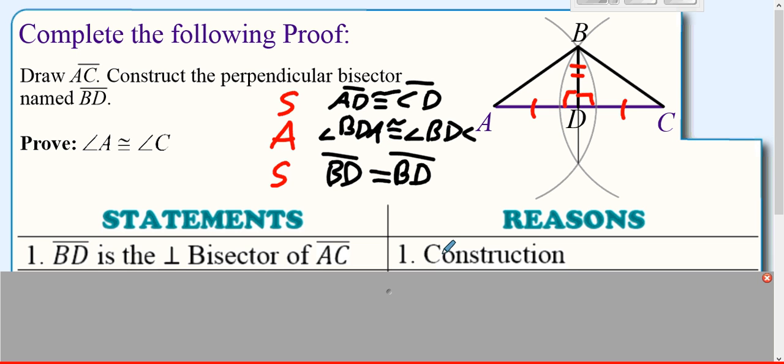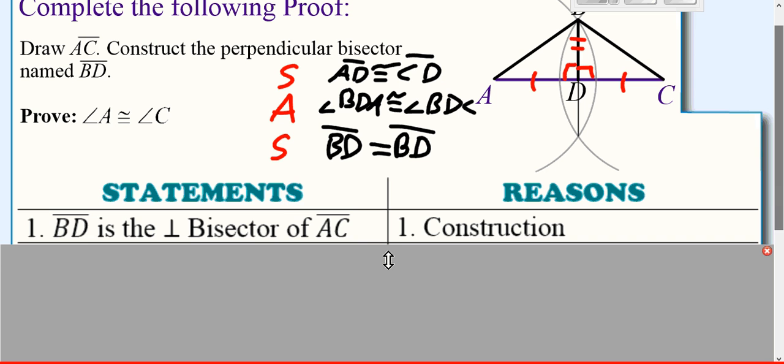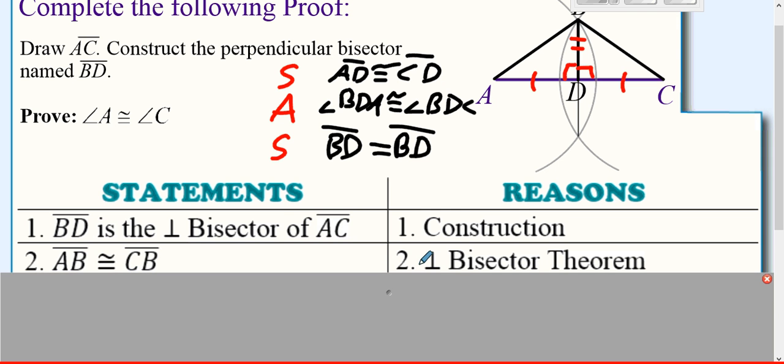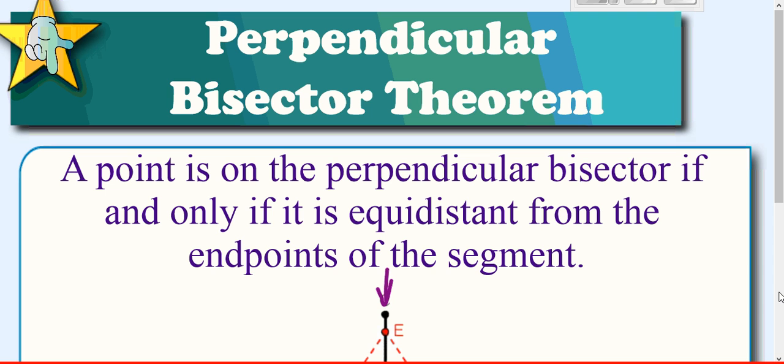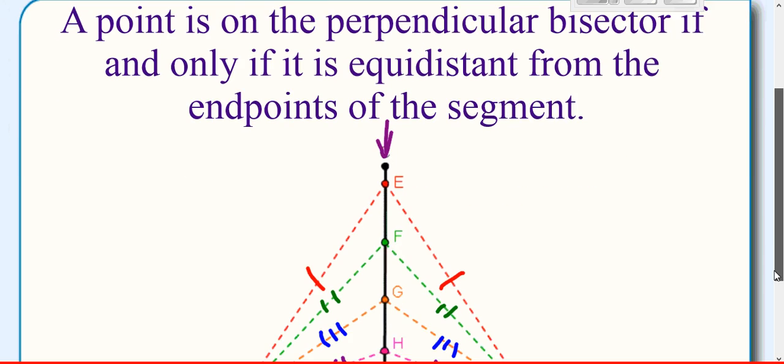So we've got it's a perpendicular bisector. Since it's the perpendicular bisector, this one goes a little bit different. We can also use this perpendicular bisector theorem we just said. Makes sense.